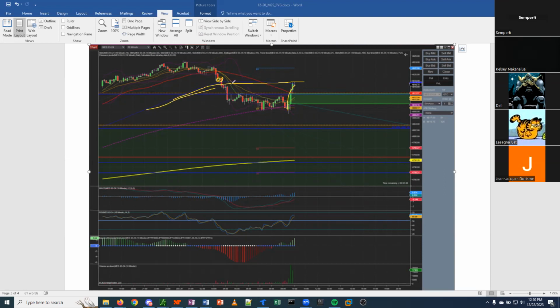Yeah, that one. That blue one is the 100. So look at how that doji kind of lines up with the 100. So right there, there are 2 different things stacking up together. Plus you've got the big consolidation zone. There's going to be resistance.